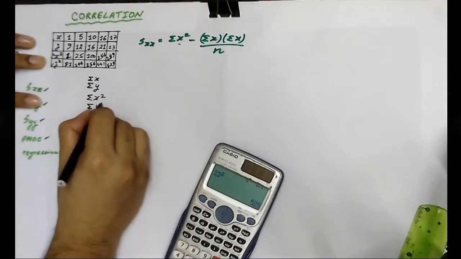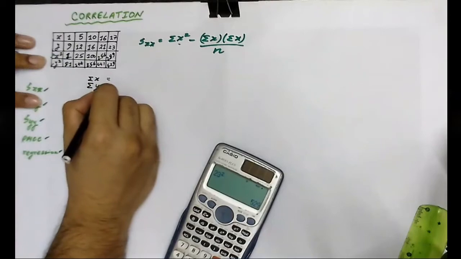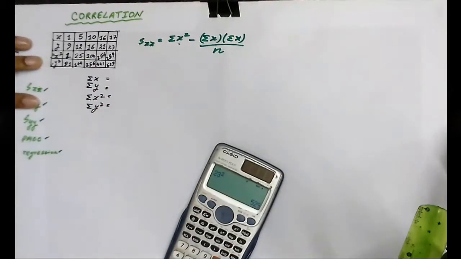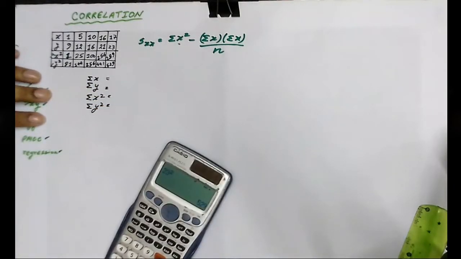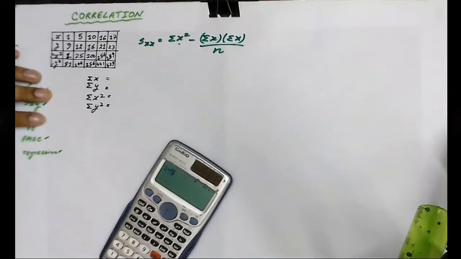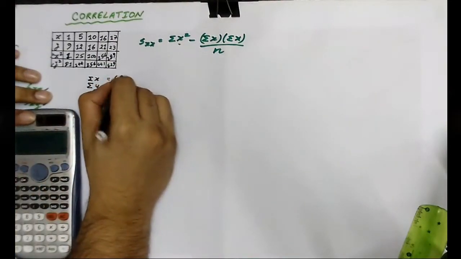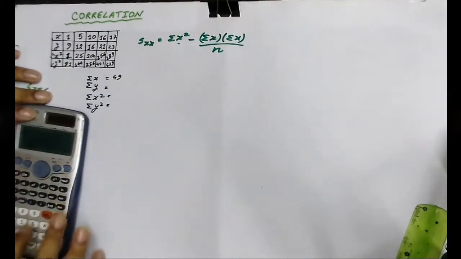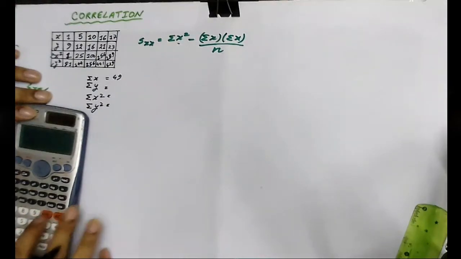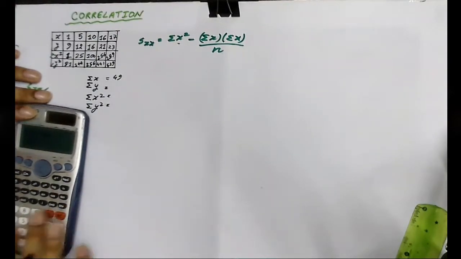That is what will help us complete almost 70% of our work. So we will just add all 5 values of x to get the summation of x. Same for y, x square, and y square as well. So just take a calculator and complete that.